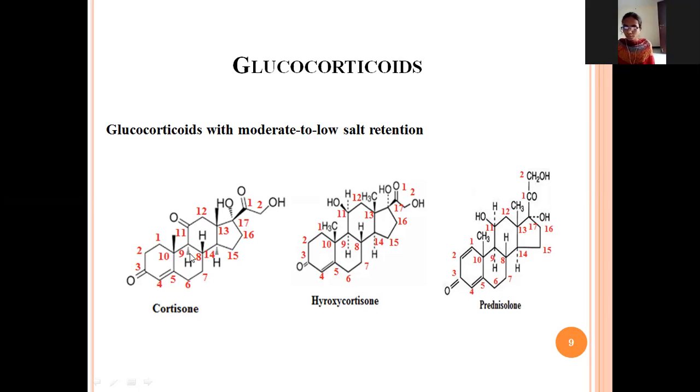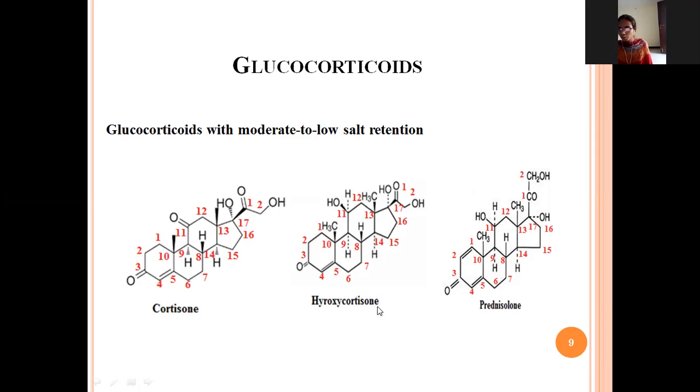See here, this is phenanthrene, cyclopentane, in third and the 11th oxygen groups, and here in the 10th and the 13th position methyl, and here in 17th position hydroxy. Here in the 17th position 2-hydroxy acetyl group is attached.